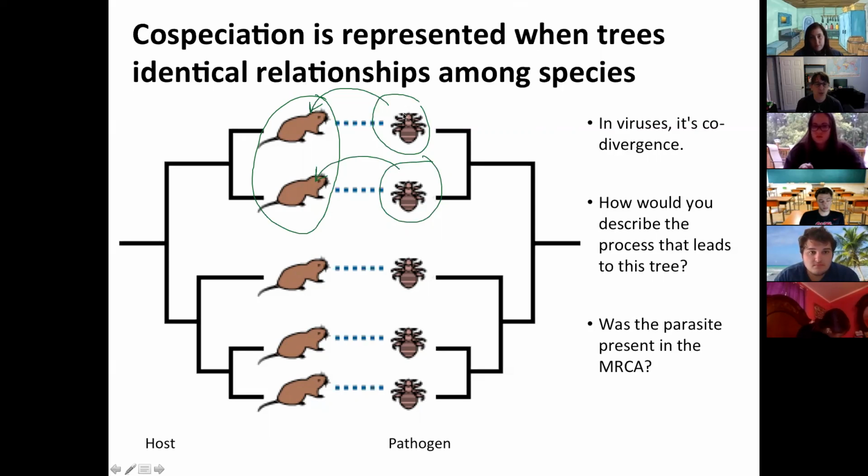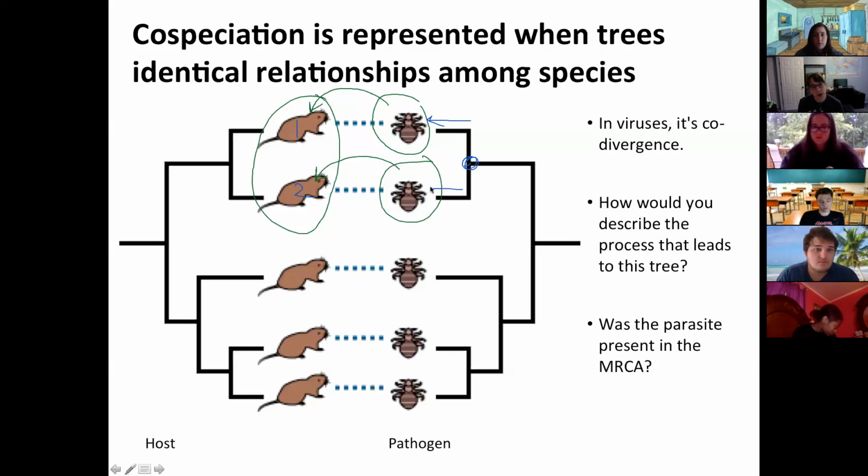And you can start to ask questions like, how do you describe the processes that lead to this tree? Well, that would be coevolution. So something like a change in this, I'm going to label them 1 and 2 here. So here's host 1, host 2. There are unique features of host 1 that allowed it to not be infected by whatever this ancestor was, but along this branch, the parasite evolved to be able to infect host 1.